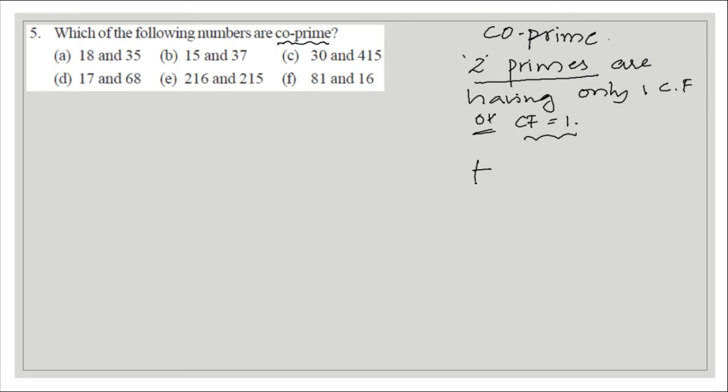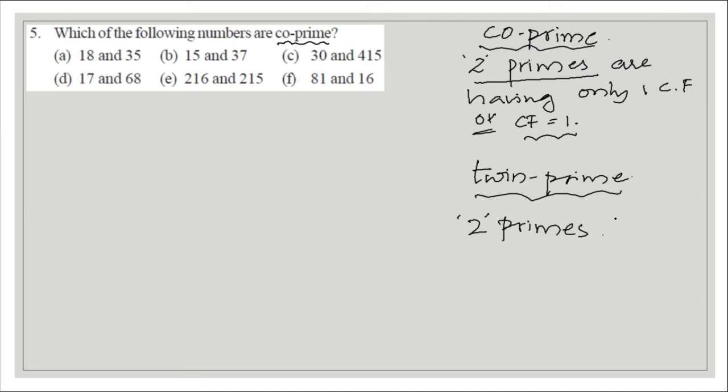With this, I will also give the meaning of twin prime. Twin primes are two prime numbers such that their difference is equal to 2.